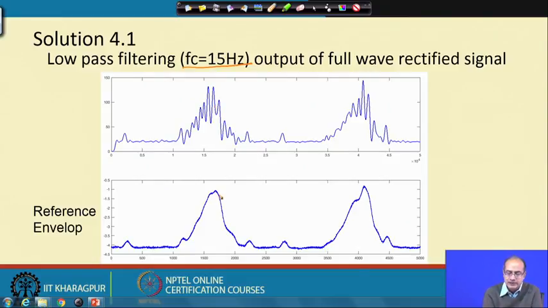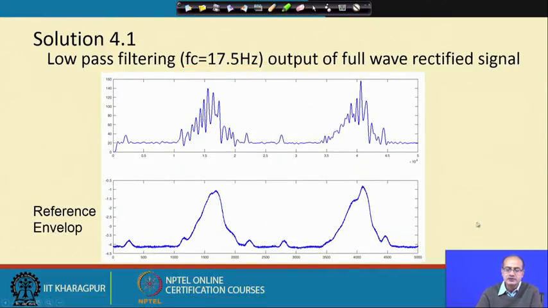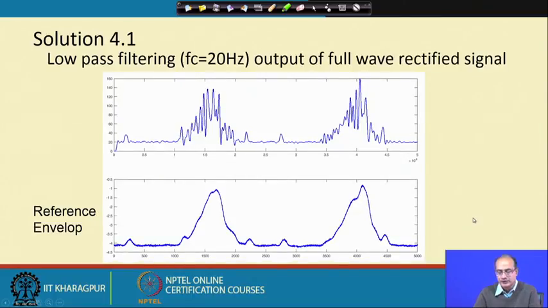In fact, the sharp reduction is followed here, but what we find is that ripples are also increased. Again it is increased further to 17.5 hertz, and we see more and more ripples are coming. At 20 hertz, we see that the ripples are almost as big as the envelope.